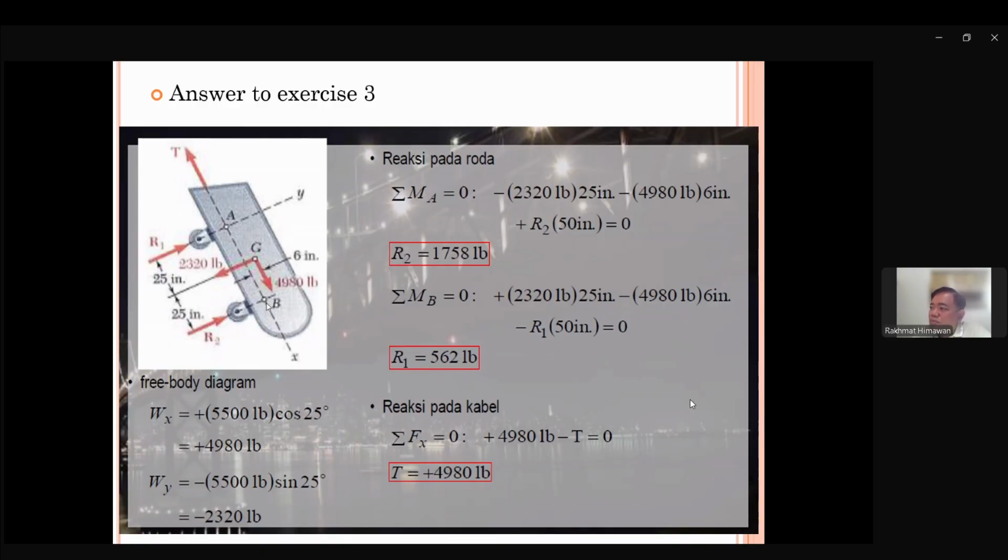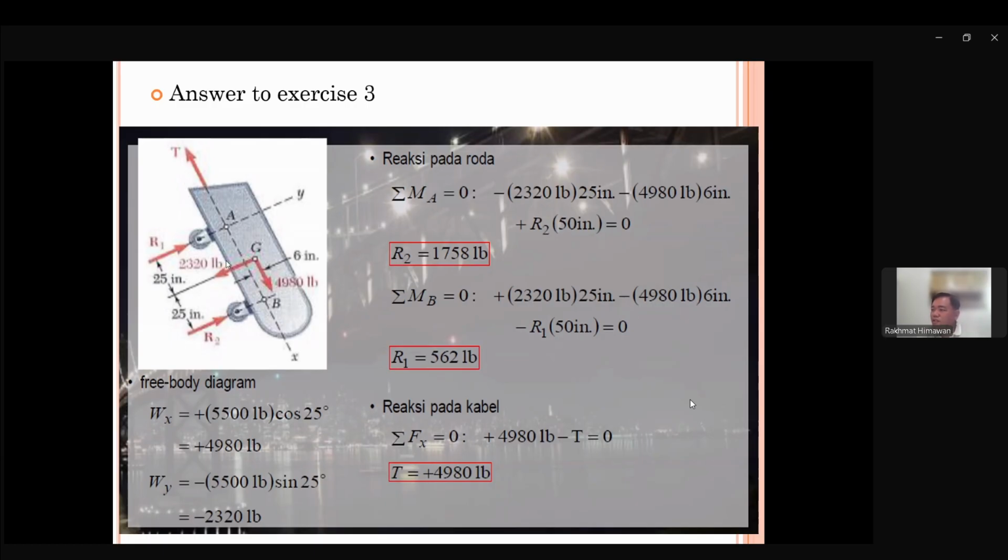If you start with point B, you're going to have trouble, so it's better to do point A. Sigma moment A is equal to 0. T and R1 we don't need to consider since they're multiplied by the 0 distance. We have this, and R2.